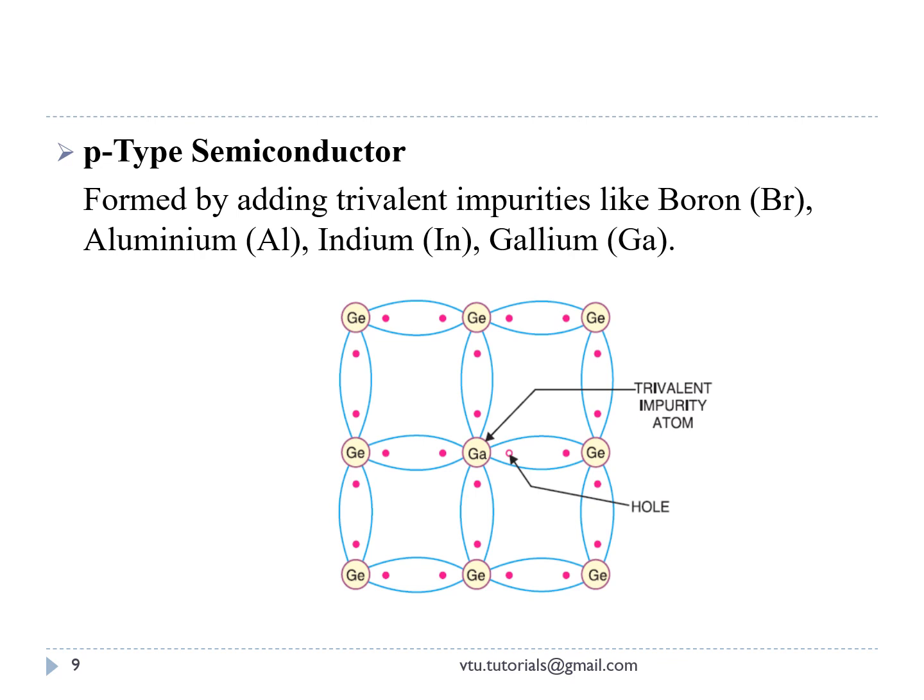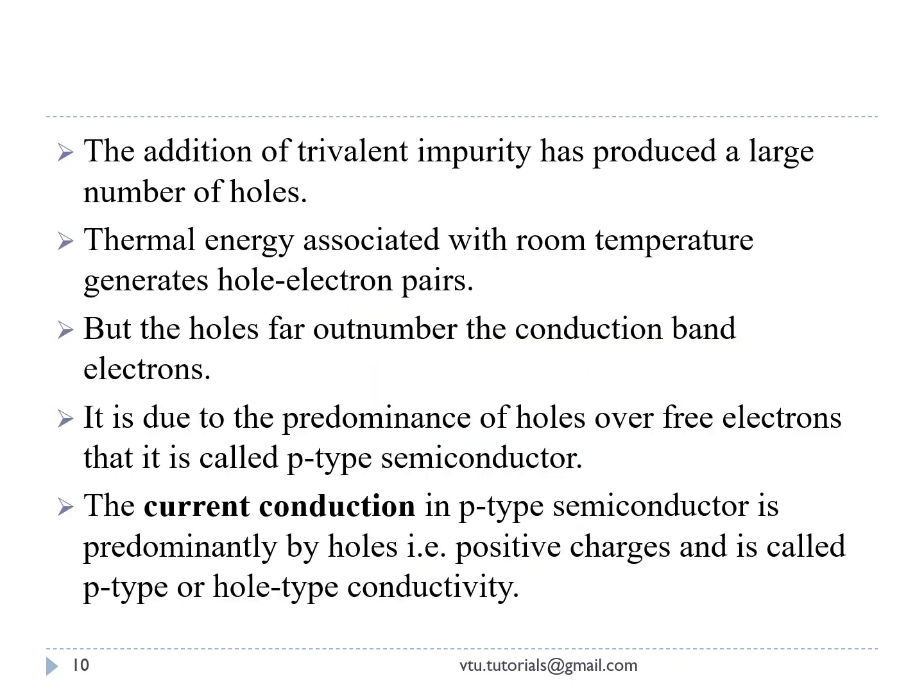So this gallium atom is said to be an acceptor atom. With the addition of trivalent impurity, there will be one hole due to each impure atom.